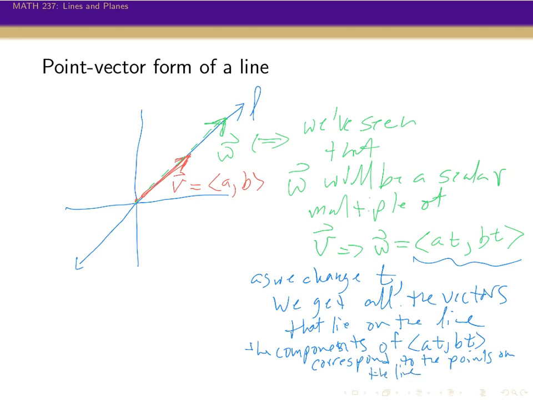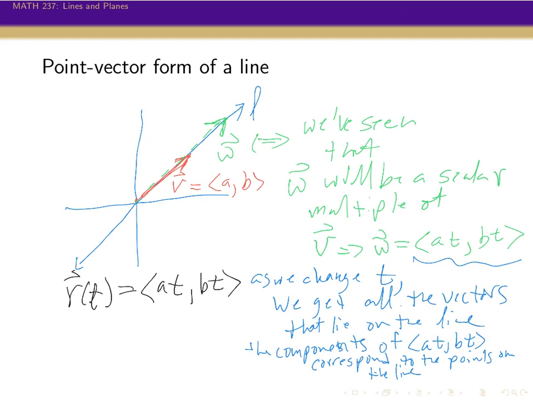Right? And so this gives us what's called a vector function. We'll call it r of t, equals at comma bt. So we're using the variable t because it's a non-spatial variable. We're trying to separate ourselves from x talking about the x direction, y talking about the y direction.